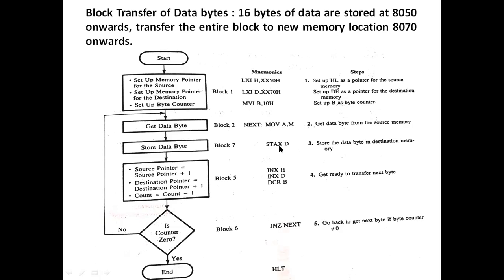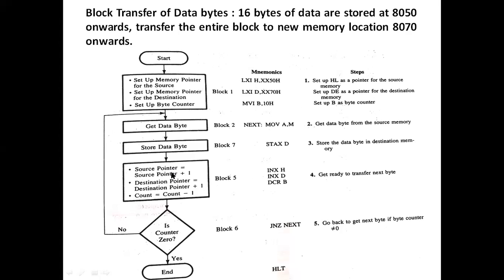And then what we are going to do is store the data byte. Store the data byte means whatever is the content of the accumulator, it will be copied to the memory location where the address is defined in the D pair. तो हमने 8050 से डेटा पढ़ के accumulator में रखा, और accumulator का जो डेटा था उसको 8070 पे ट्रांसफर कर दिया. यानी 8050 से पढ़ा और 8070 पे हमने ट्रांसफर कर दिया.